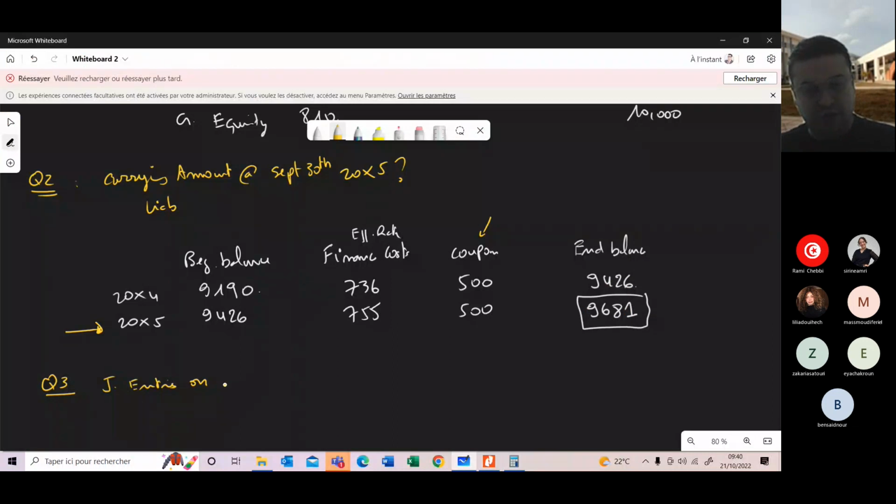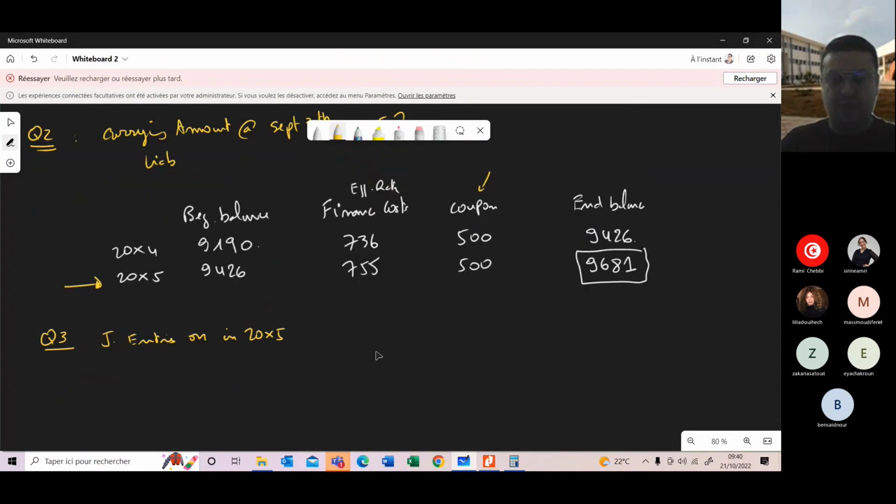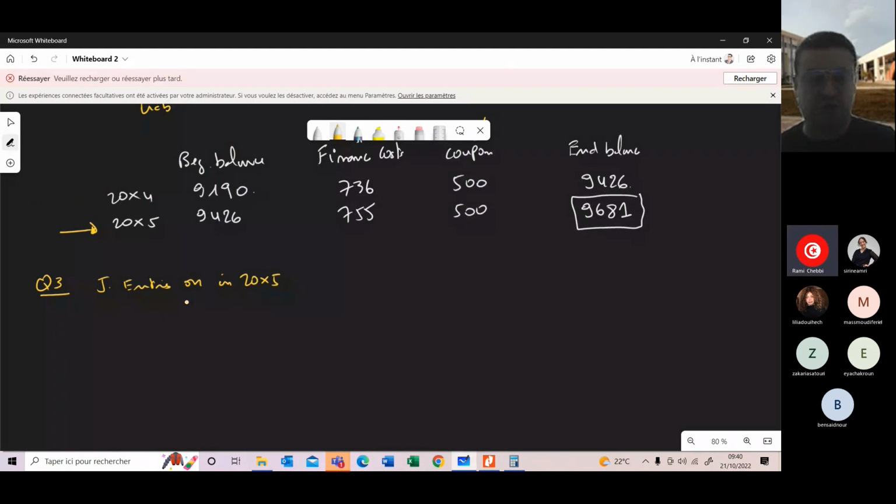Okay, go back to the question. The journal entries in 20x5. What do we have to record in terms of journal entries? You have the table in front of you. We debit interest expense and credit financial liabilities for 700, and excellent.